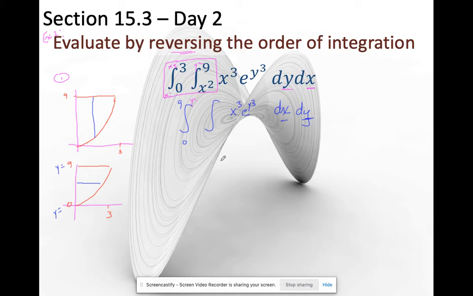Since x is in the middle, I need two x functions. What's that going to be? X equals 0, right? And then what is this? X equals square root of y.